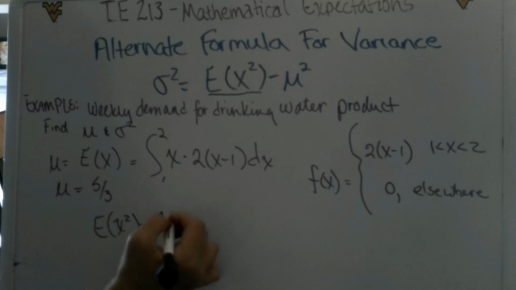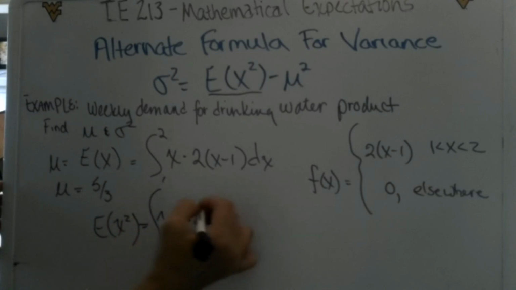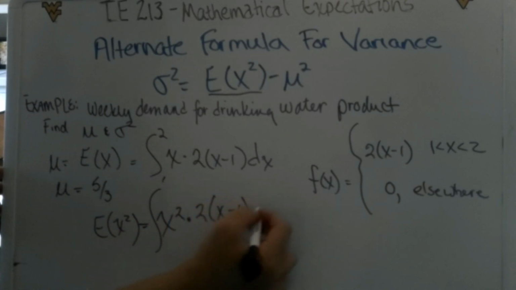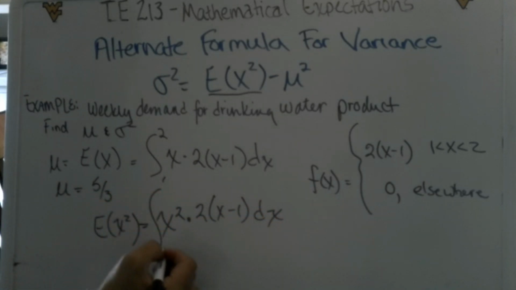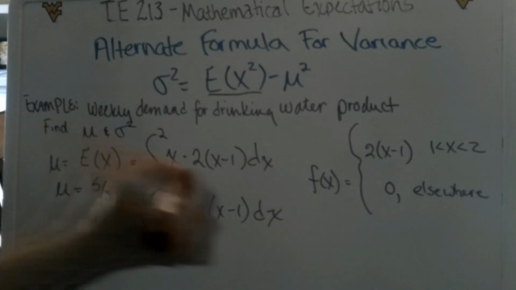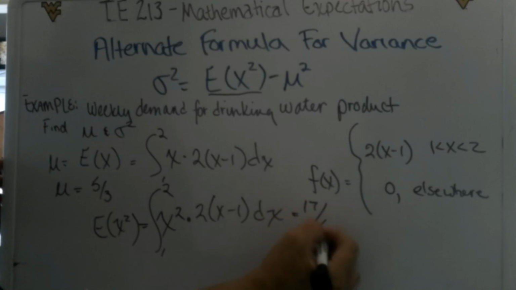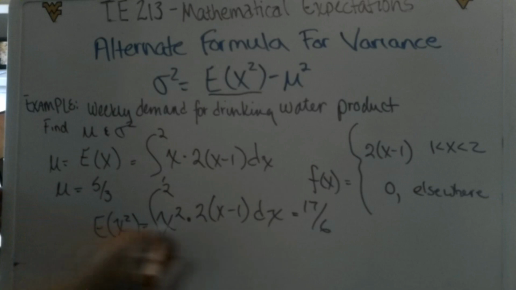So we have x squared times 2 times x minus 1, and we are integrating. So it's dx, and x is going to go from 1 to 2. And when we do this math, we end up with 17 divided by 6, or 17/6, for the expected value of x squared.